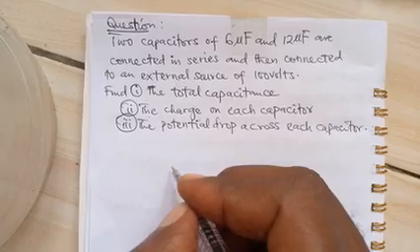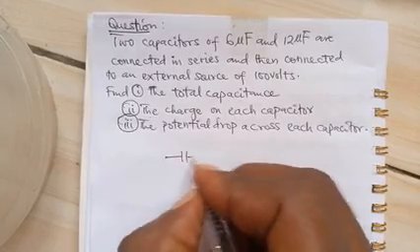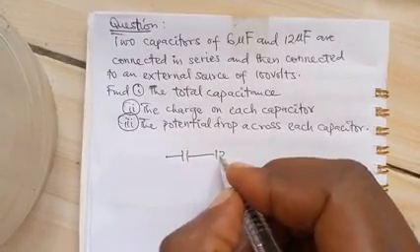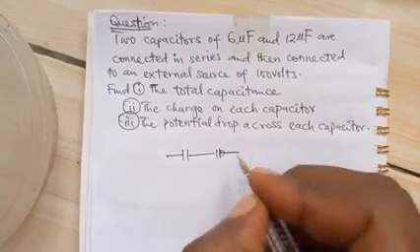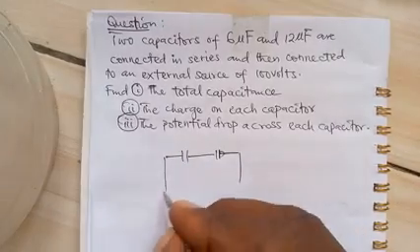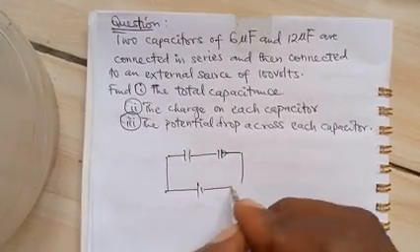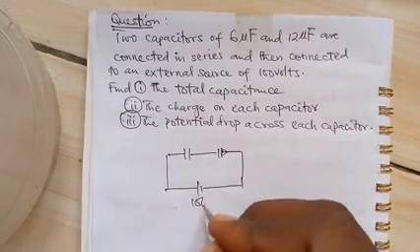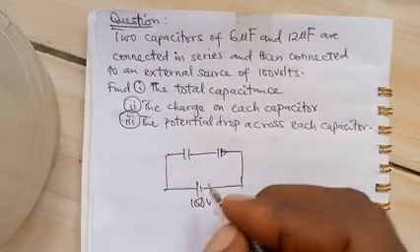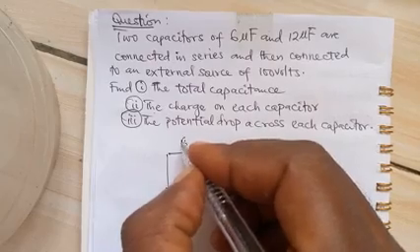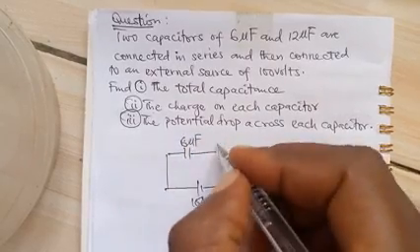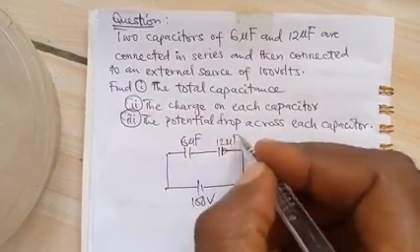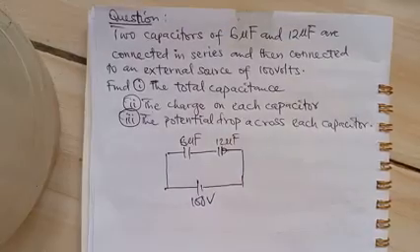Let's make a little sketch of this: an external source of 100 volts, a 6 microfarad capacitor and a 12 microfarad capacitor, in series.